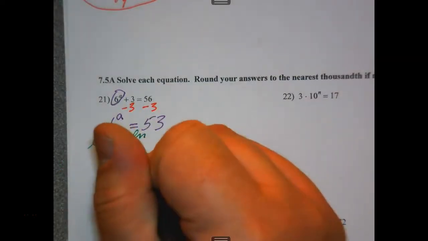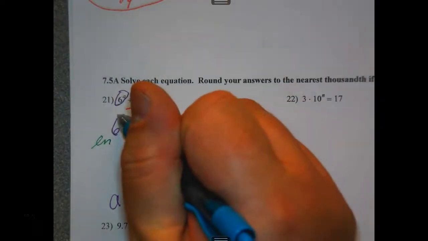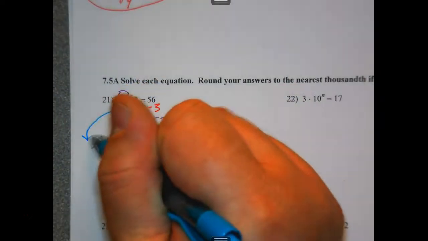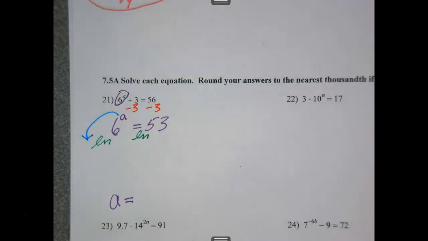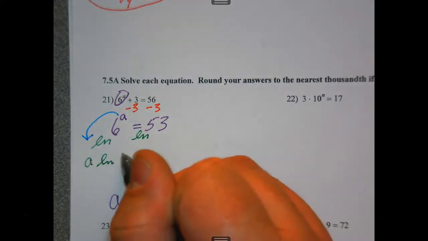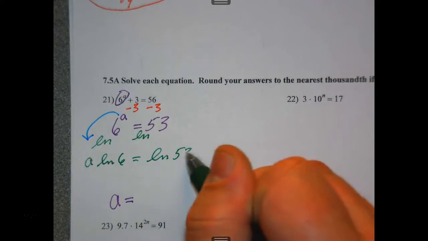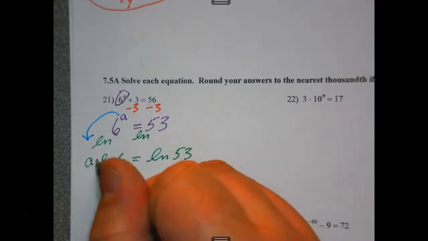Okay, so if I have the ln of 6 raised to the a, what can I do with that a now? I can move it out to the front, right? So I have a times ln of 6 equals ln of 53. Now this is multiplication.